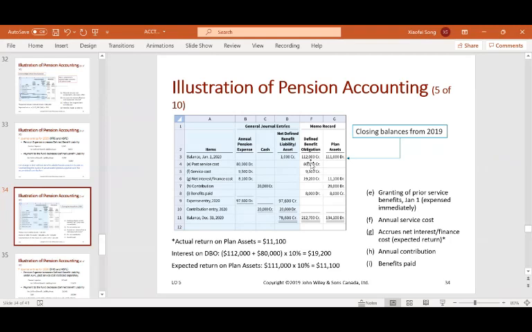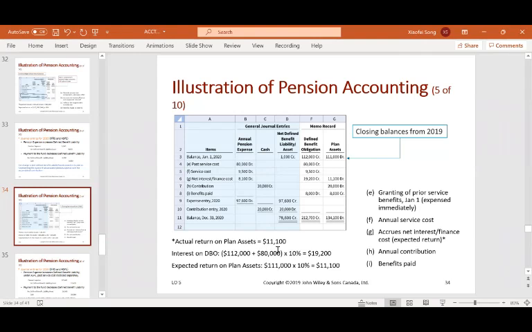The difference of the two is net interest. And I think the second one is better because you still have to enter expected return and interest in the memo accounts, right? So that kind of helps you. So for defined benefit obligation, the interest on that is calculated as 10% of the beginning balance plus the past service cost.